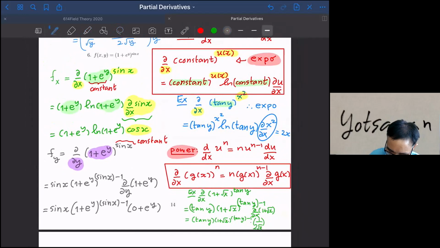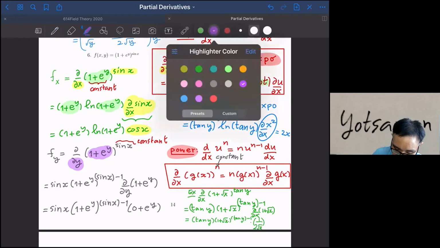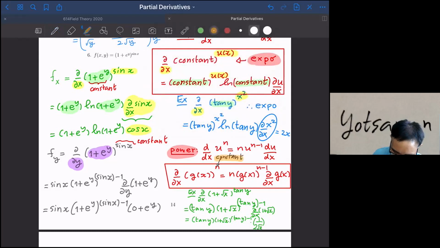Sometimes constants present themselves in a fancy way, like you see that the constant in this case turns out to be equal to sin x, so it's a four-letter constant. Okay, so that will be our example 6.